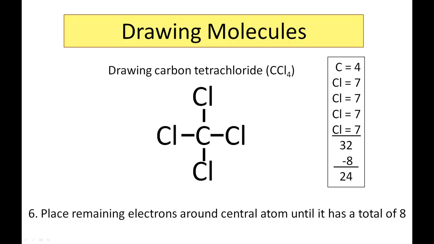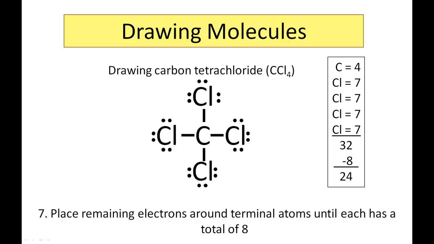In the sixth step, we place the remaining electrons around the central atom until it has a total of 8. This carbon here already has 8 electrons around it, so we don't need to do it in this case. In the seventh step, we place the remaining electrons around the terminal atoms until each has a total of 8.